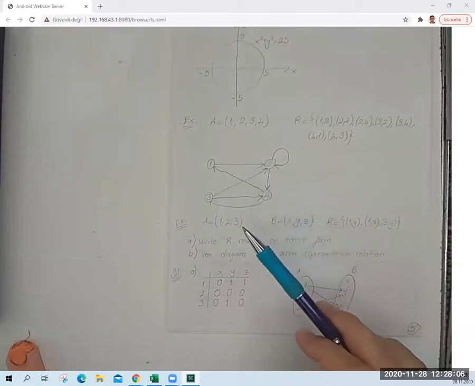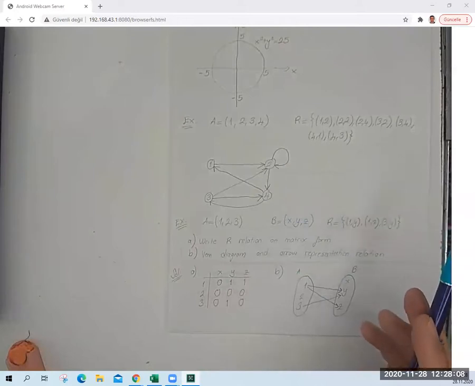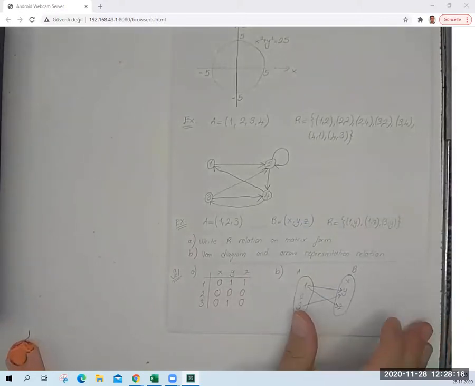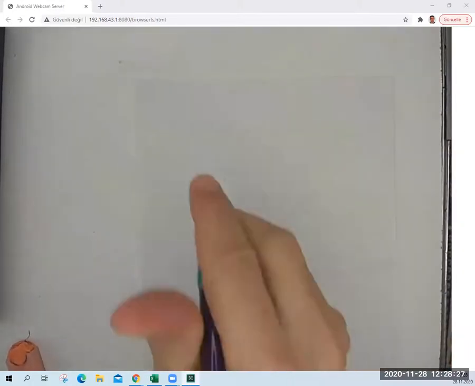And now we will talk about composition of relations. Now we will combine more than one relation, and we define that as a composition relation, on the new page, page 6, composition of relations.